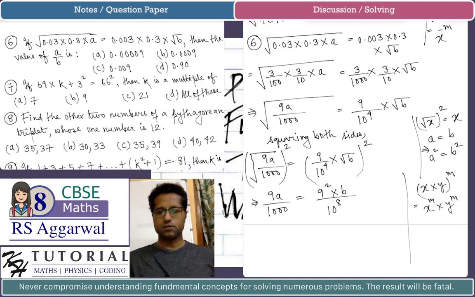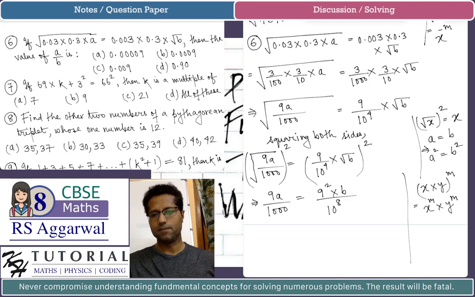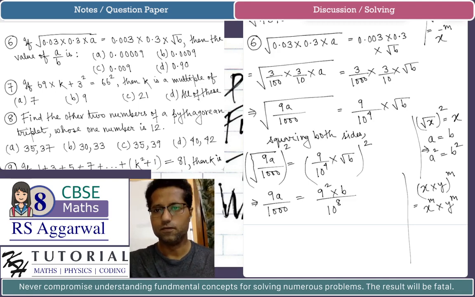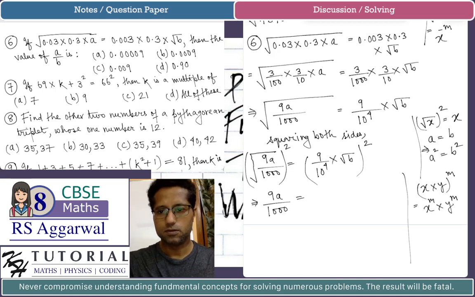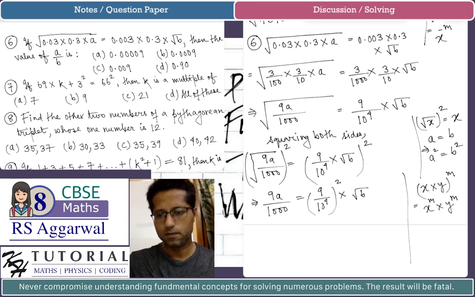So the right hand side was the product of 9 by 10 to the power 4 and root b. So when I take the whole square, it was the square of 9 by 10 to the power 4, and the square of root b. If you cannot understand this, let me break it down. This is nothing but 9 by 10 to the power 4 each square multiplied by root b each square.